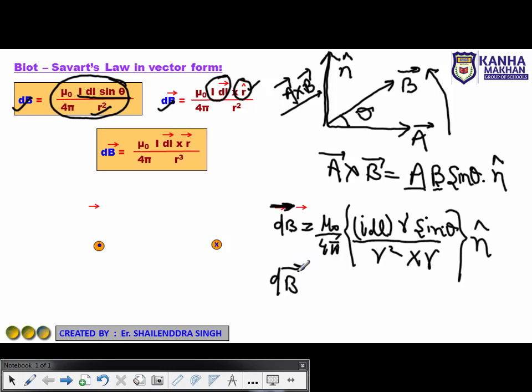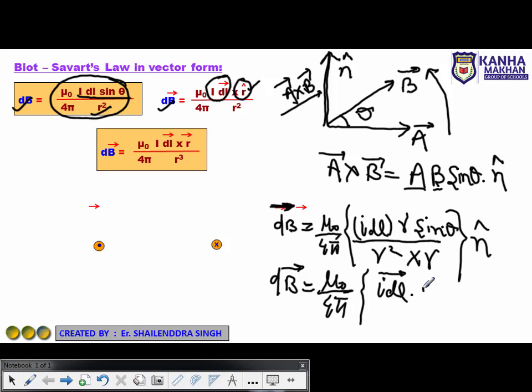dV vector is given as mu naught upon 4 pi. It is a constant, and in that particular bracket you can easily write now. If you want to write in vector terms, then you know very well IDL becomes a vector, and that particular magnitude R can also be written as a vector.